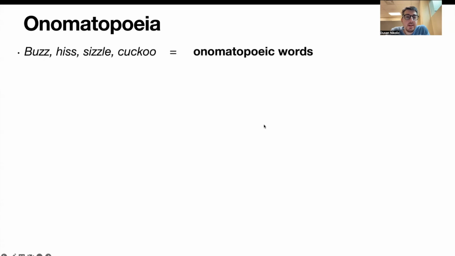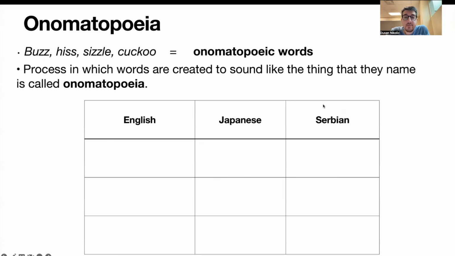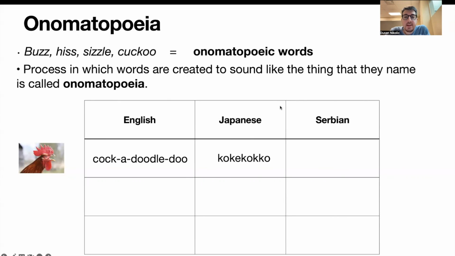And finally, we have onomatopoeia. Onomatopoeic words are buzz, hiss, sizzle, cuckoo. These are words that are created to sound like the thing that they name, right? So buzz, it's sort of a buzzing sound, hissing sound, so on and so forth. And we usually use onomatopoeia for animals when animals are producing certain sounds, such as rooster, cock-a-doodle-doo, right? In Japanese, it's koke-kokko. In Serbian, it's kukuriku.